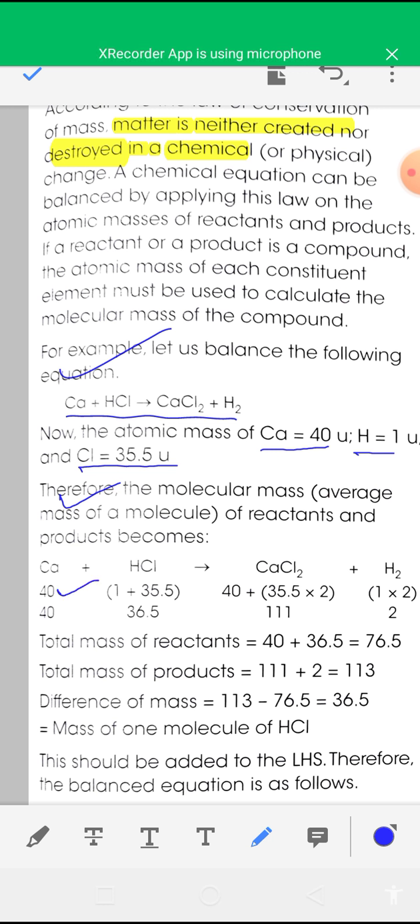The molecular mass of HCl is 1 plus 35.5, that is 36.5. On the right side, the molecular mass of CaCl2 is 40 plus 2 times 35.5, that is 111.